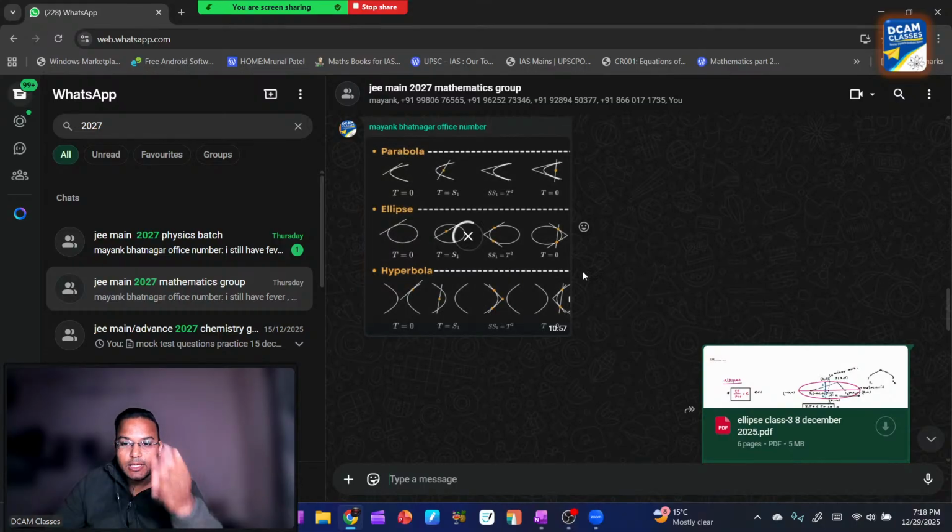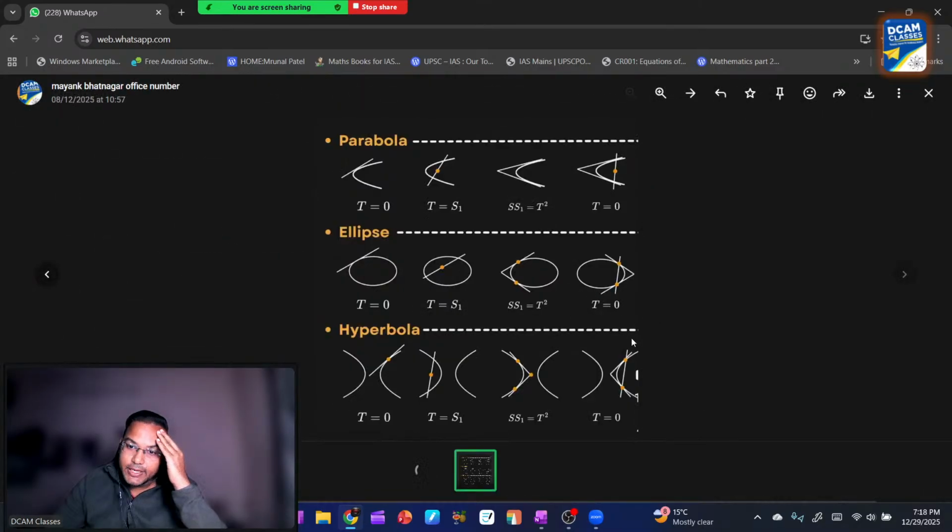It's still downloading. Did you guys see this diagram? Yes, sir. Why did I send this diagram to you guys? Because this diagram shows parabola, ellipse, and hyperbola, and how the same equations actually relate for all three.